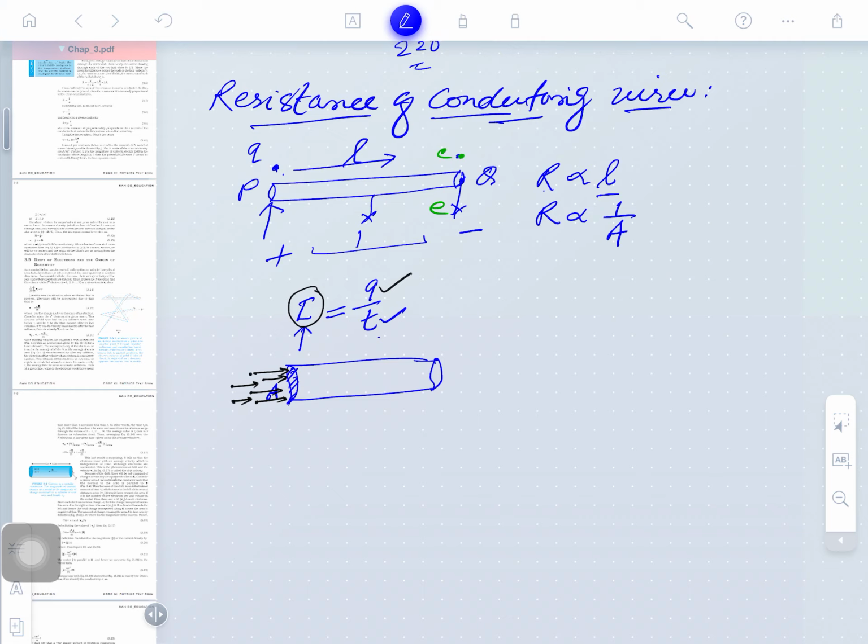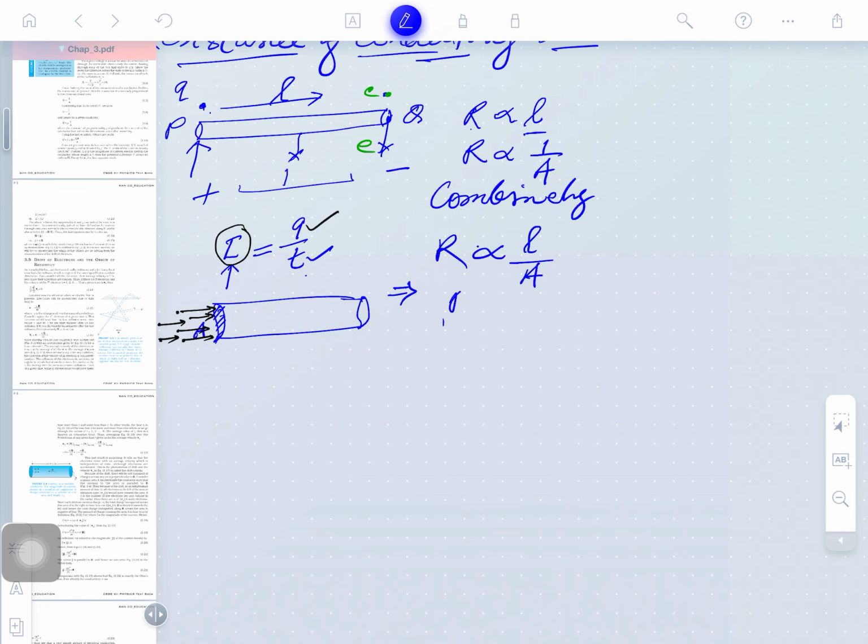A conductor has area and length at the same time. So combined, this can be written as resistance R is proportional to L by A, and further can be written as R equals rho L by A. Again, for the same length and same cross sectional area, different materials have different resistance.